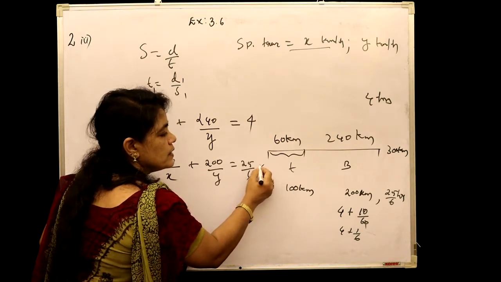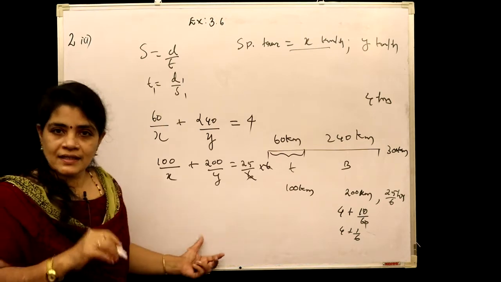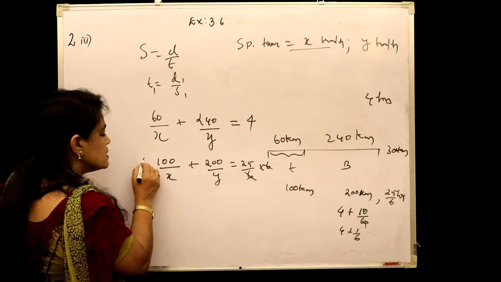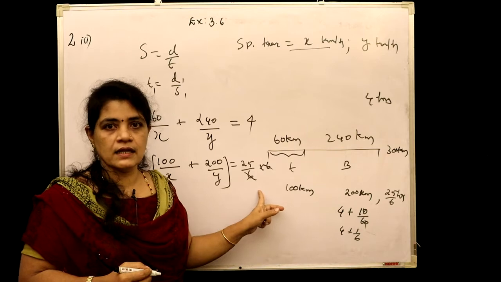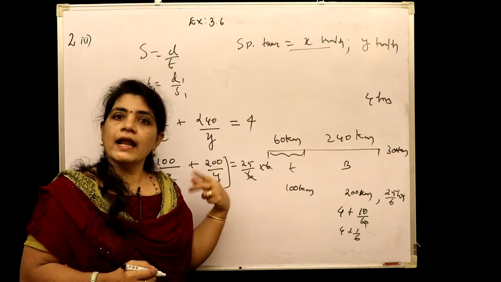So children, what happens? Here 6 and 6 get cancelled. That would be better in this case. And simultaneously you have to multiply the LHS also with 6. Here the 6 already gets cancelled. With the same number 6 we can multiply the LHS also.